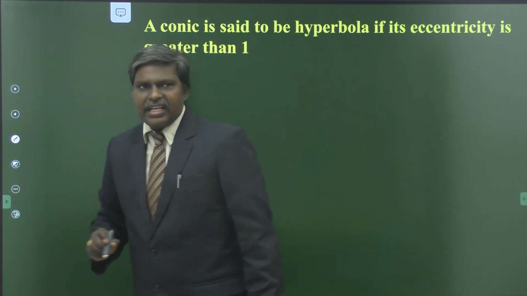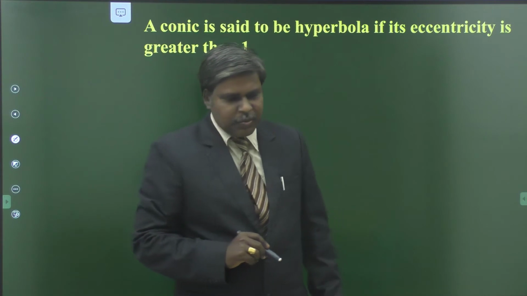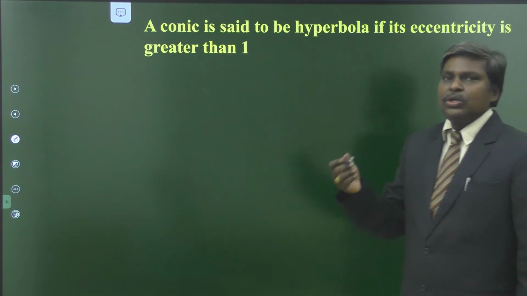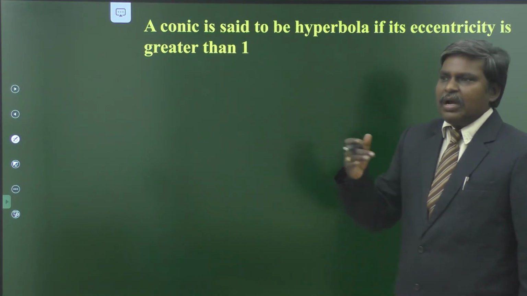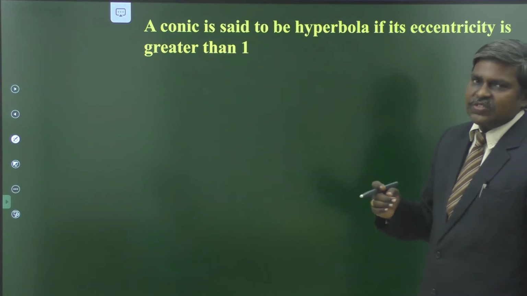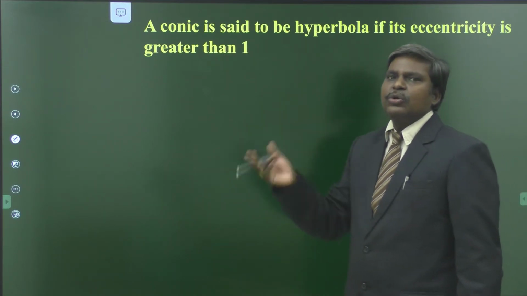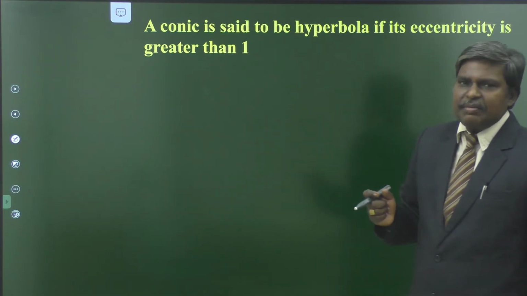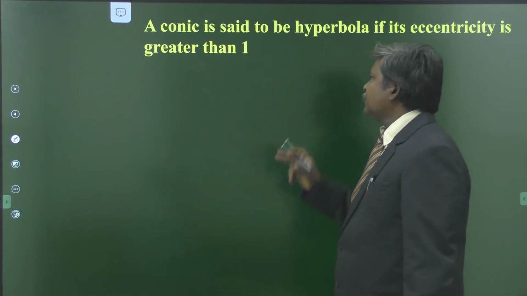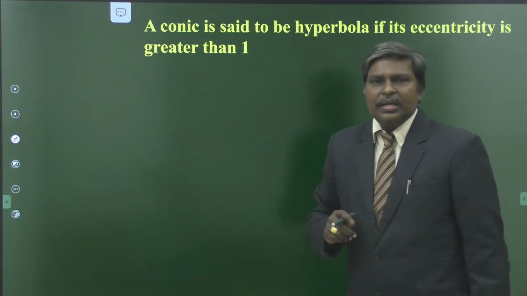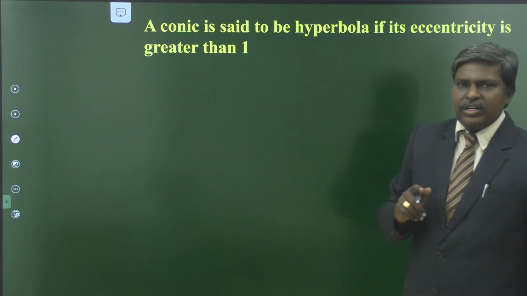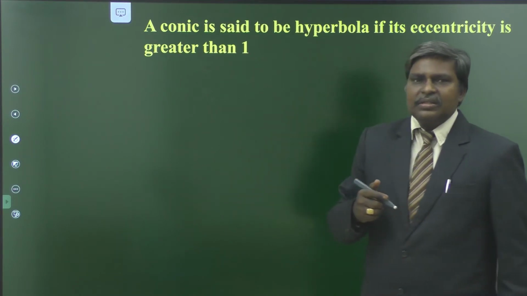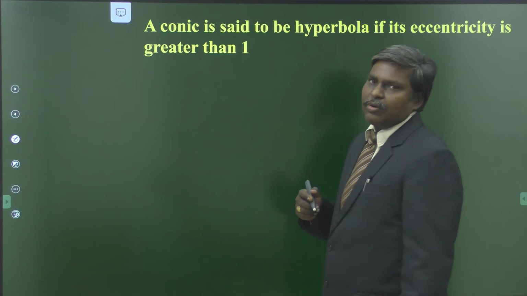The ratio SP by PM, where SP is the distance from the focus, that is the fixed point, to the variable point P, and PM is the perpendicular distance from the same variable point P to the corresponding directrix. So if the ratio SP by PM is greater than 1, we say that the conic is a hyperbola. If SP by PM is equal to 1, what is the conic? Parabola. Less than 1, ellipse. Here, greater than 1, the conic is called a hyperbola.